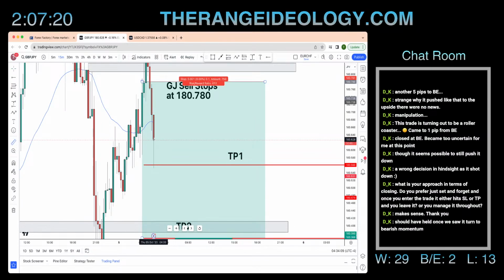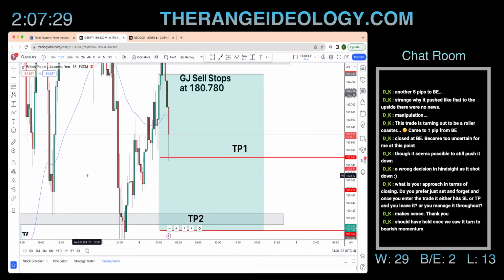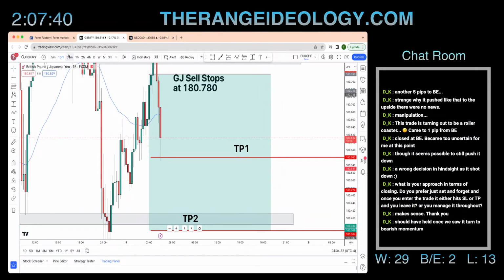Again, from where the price is to the break-even point is still 15 pips, 16 pips. So it's a decent amount of space here for GJ to continue down with some breathing room if it does retrace back up here. But let's see here.